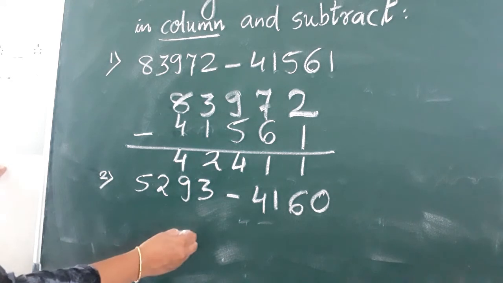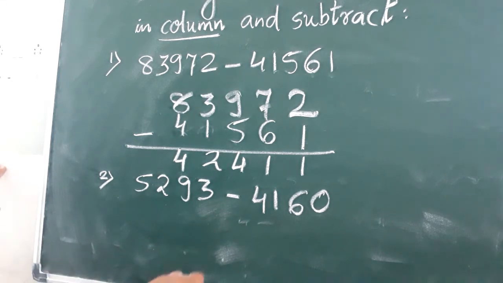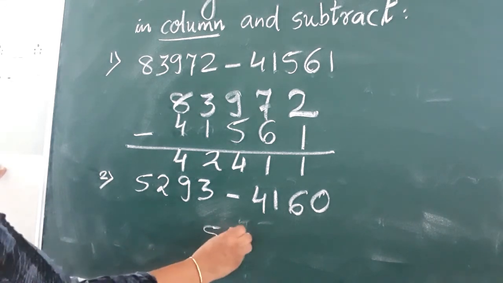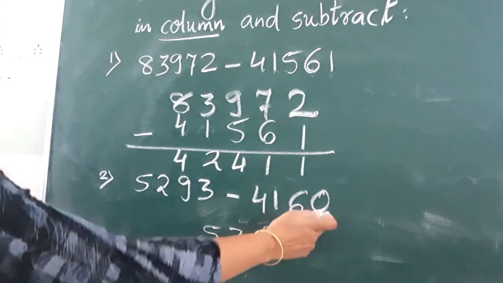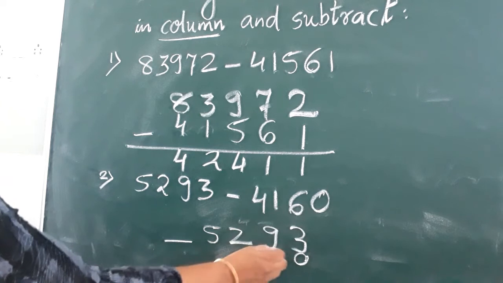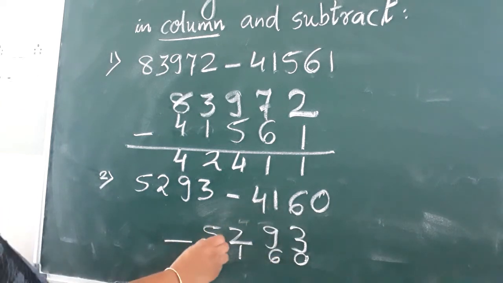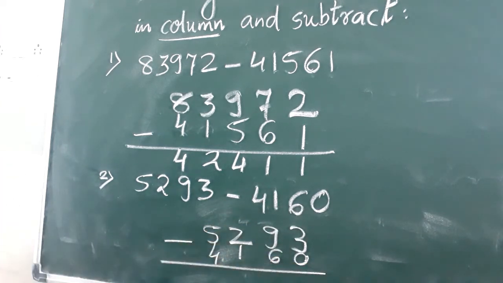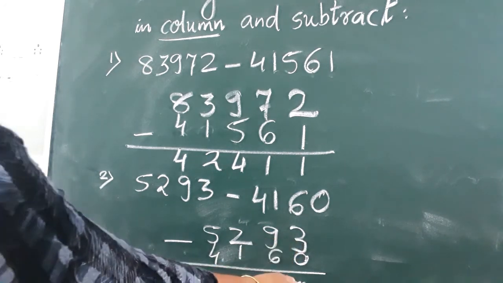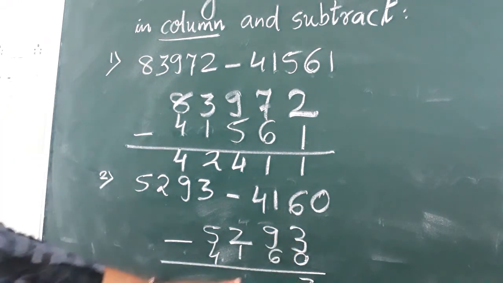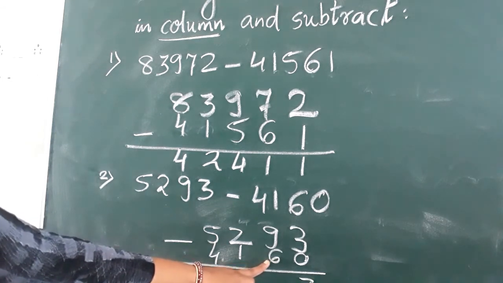Here, first of all we will write in appropriate columns. So 5, 2, 9, 3, and minus, I will write 0. This is 6, this is 1, and this is 4. Now let us subtract. So 0 is subtracted from 3. So the answer is 3. Now count after 6, reach up to 9.